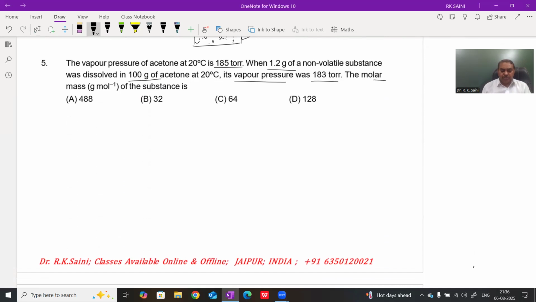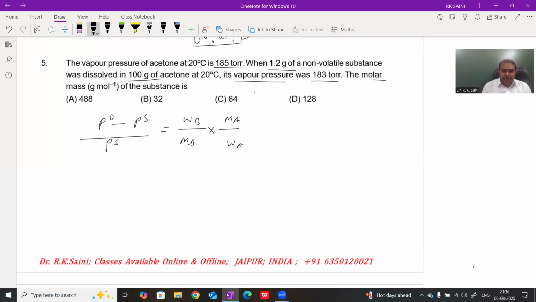Therefore, we use the modified equation of Raoult's law to find actual molecular weight of the solute. The modified equation is P naught minus PS upon PS equals weight of solute upon molar mass of solute, divided by weight of solvent upon molar mass of solvent.